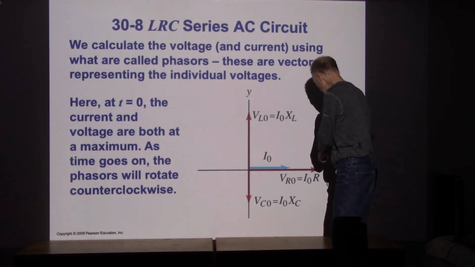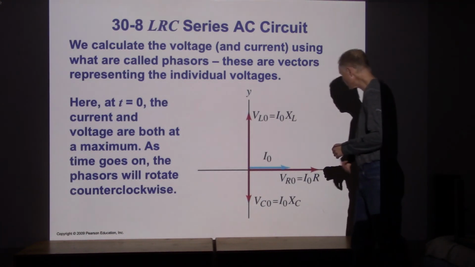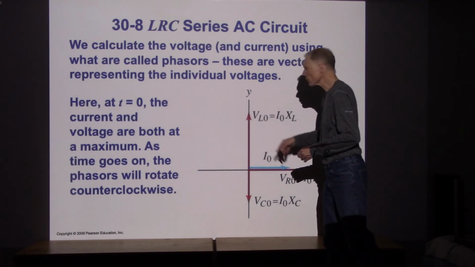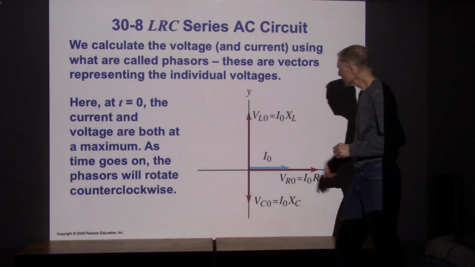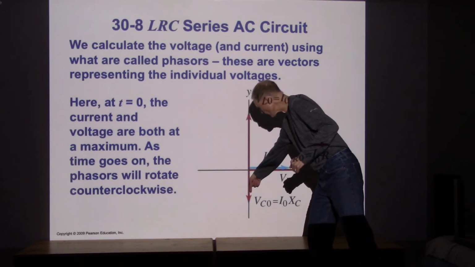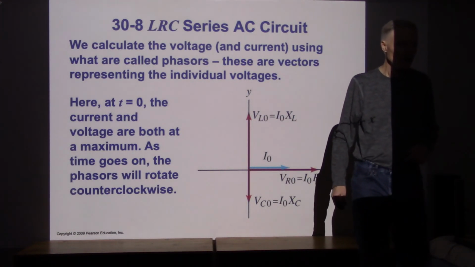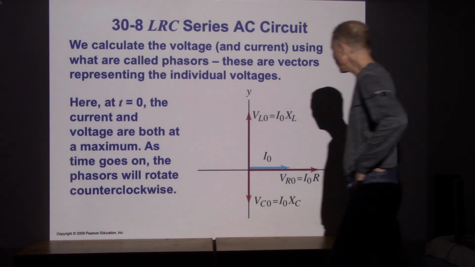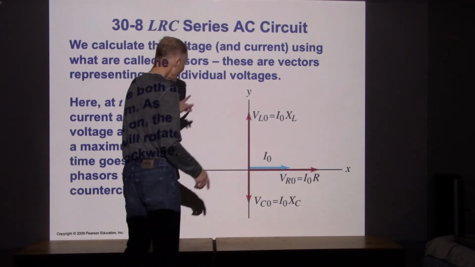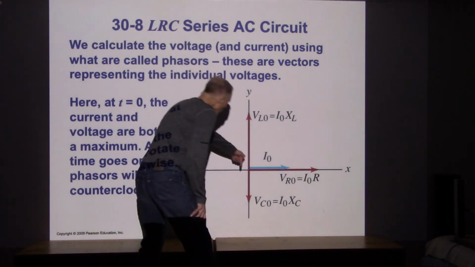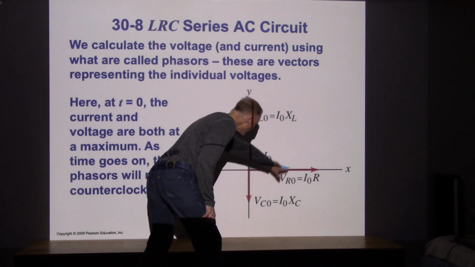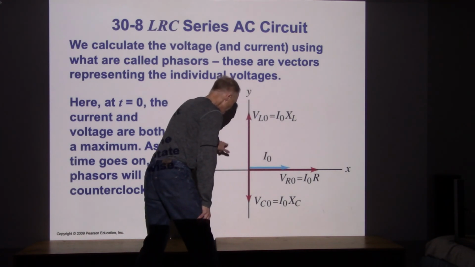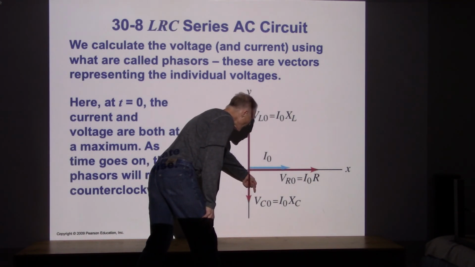So the horizontal line, the voltage across the resistor, that's like a cosine function. The vertical line is like a negative sine function, and the line in this direction, that's the capacitor, that is a sine function. So now you might say, why is that the sine function? Well, because again, if I rotate that capacitor voltage phasor, it initially goes positive.